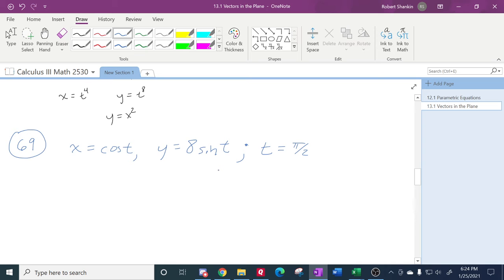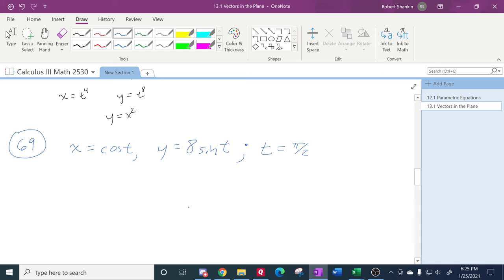But what I do not get is, I couldn't figure out a way to eliminate the parameter for 69, and I didn't worry about that. But for 70, I tried to eliminate the parameter and then take the derivative of that, and also the other approach of doing dx dt, dy dt, and putting dy over dx that way. And I wound up with two different results, with two different derivatives.